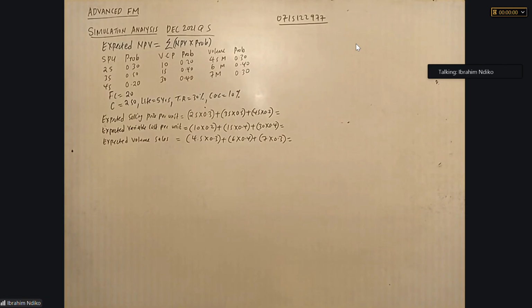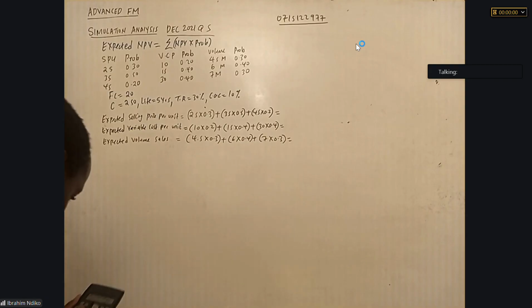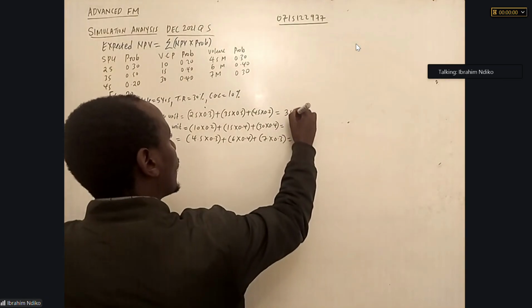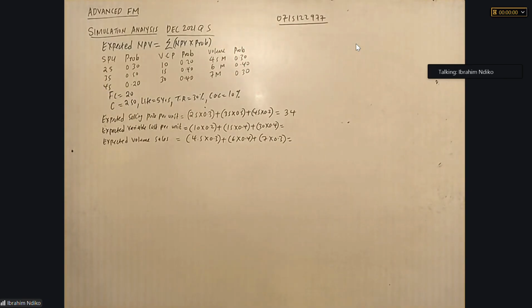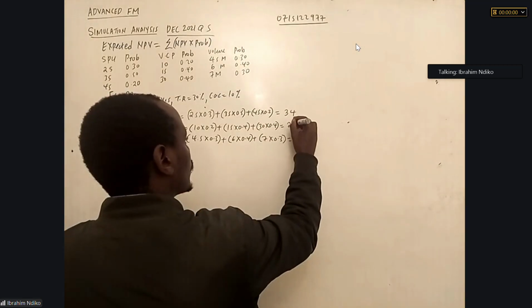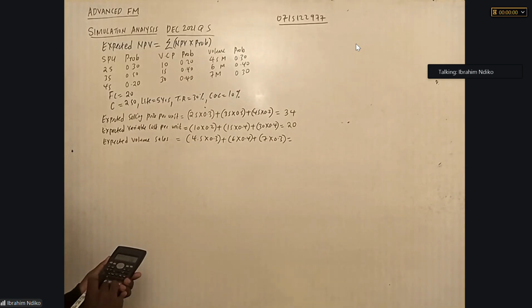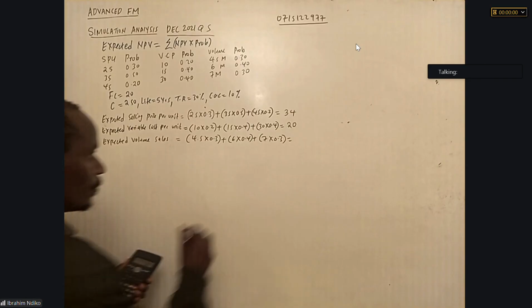So we get the expected selling price of 34 per unit, expected variable cost of 20 per unit, and expected volume of 5.85 million.